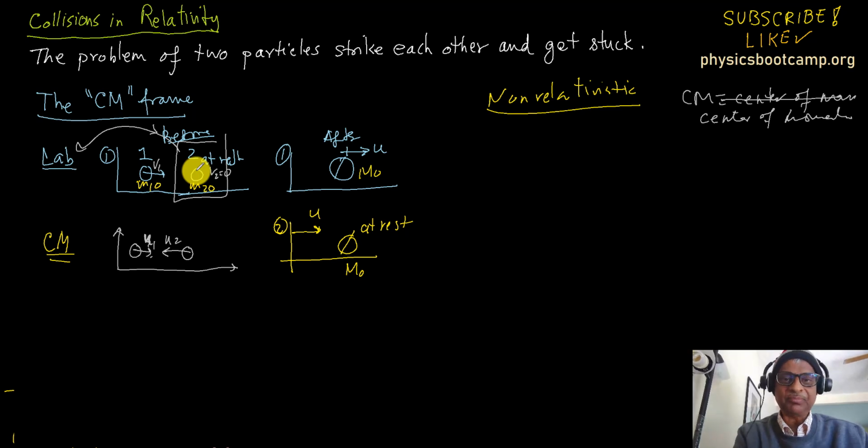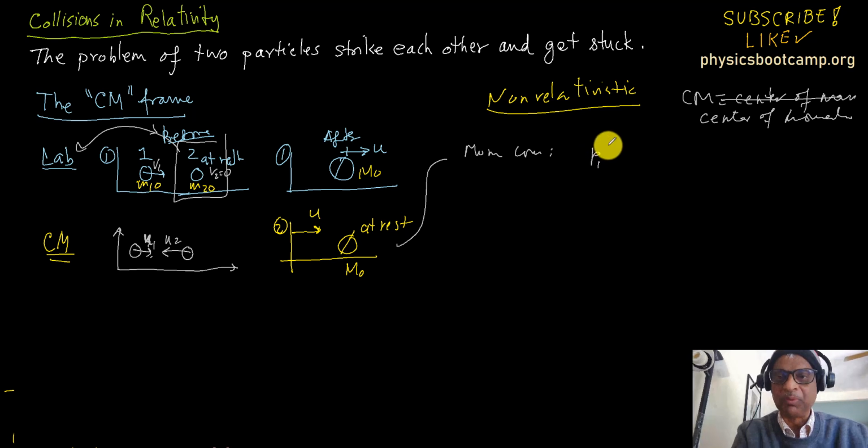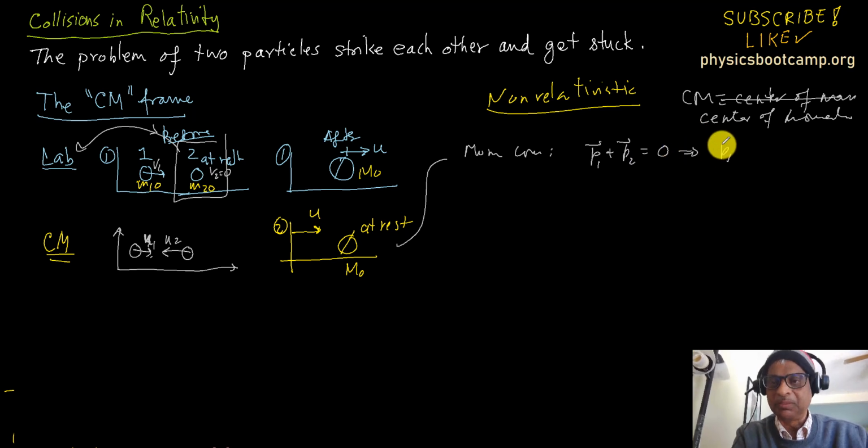So in non-relativistic, in this frame, momentum conservation gives me momentum of 1 plus momentum of 2 equal to 0. That means P1 equals minus P2.